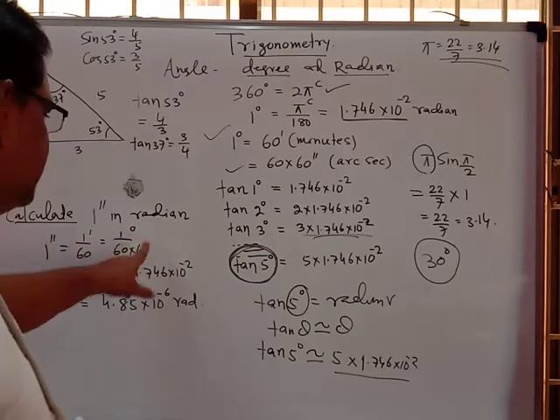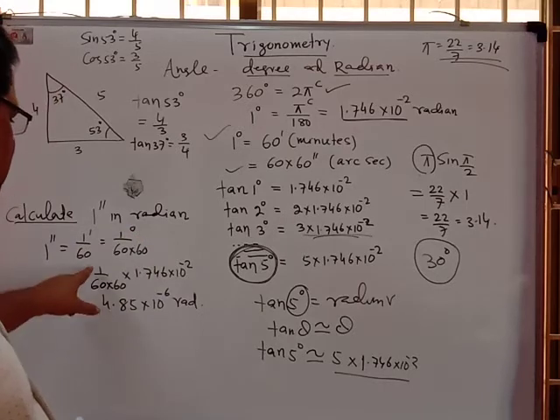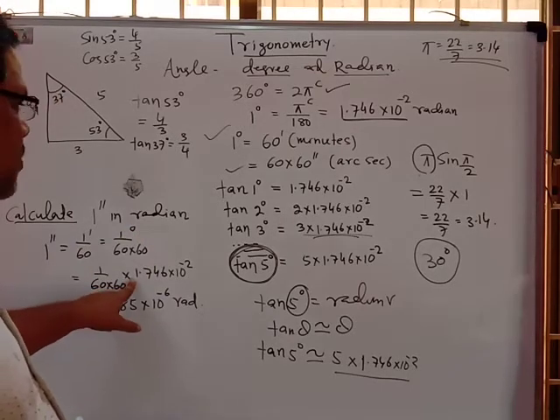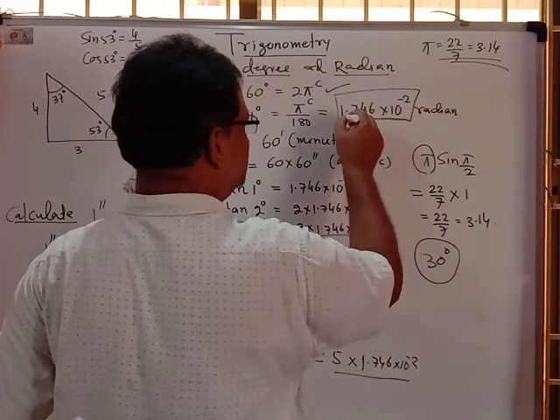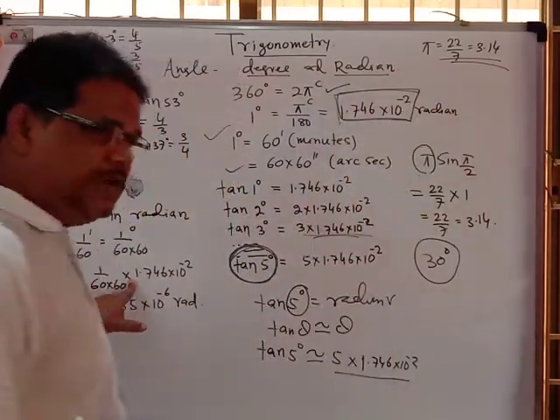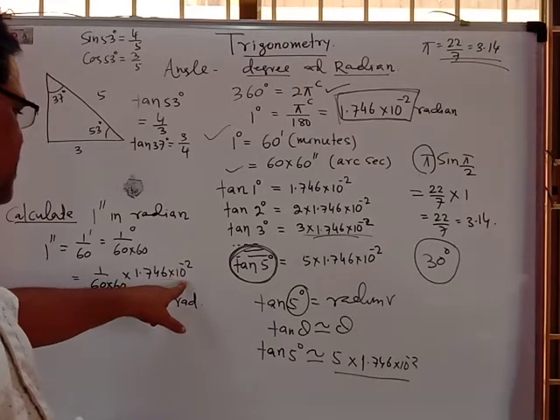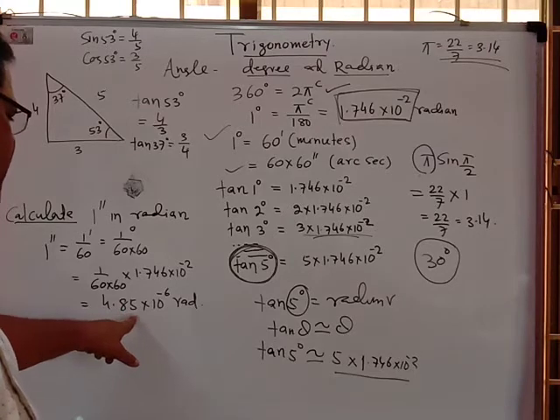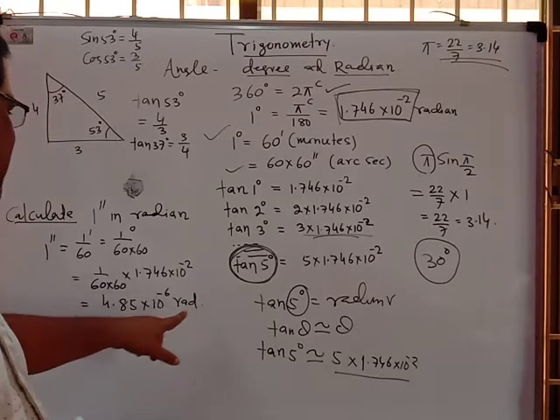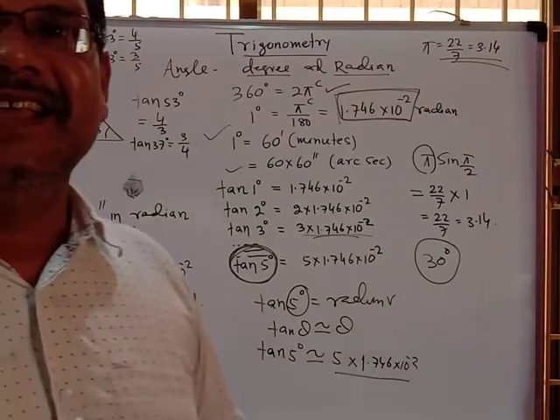That is 1 upon 60 into 60 multiplied by 1 degree, and 1 degree equals 1.746 into 10 to the power minus 2 radian. You multiply by 1.746 into 10 to the power minus 2 and you are finding 4.85 into 10 to the power minus 6 radian. So the value of 1 second is 4.85 into 10 to the power minus 6 radian.